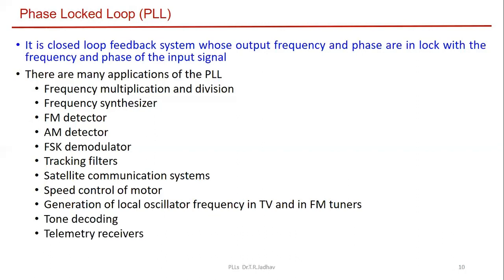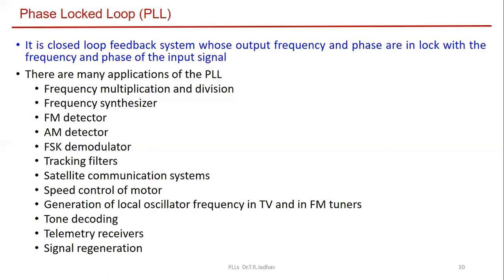Tone decoding, telemetry receivers, signal generation, regeneration. So there are plenty of applications that you will find in the literature. Few important applications you can see on these slides. It is not possible for us to discuss each and every application. 2-3 applications we are going to see in detail later.